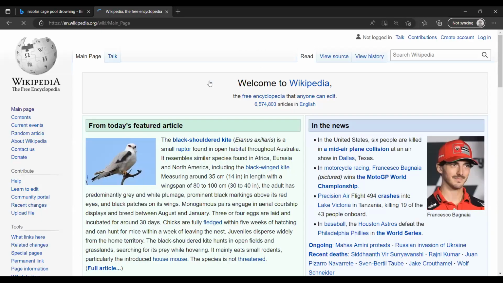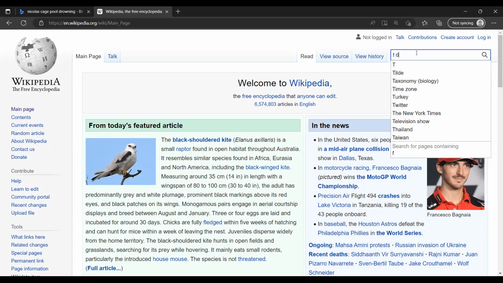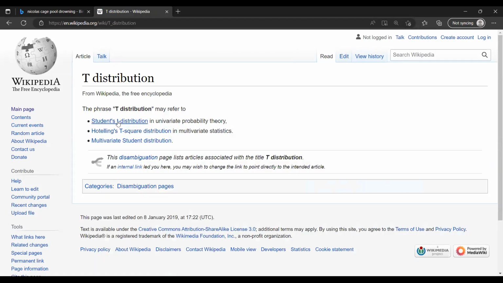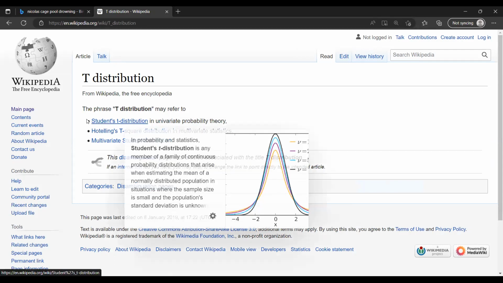To my knowledge, Fisher, this is one of the most preeminent biologists and really the founder of, let's do T distribution. Wow, okay. I just want something similar. T distribution. In fact, yes, it's also known as Student's T distribution.